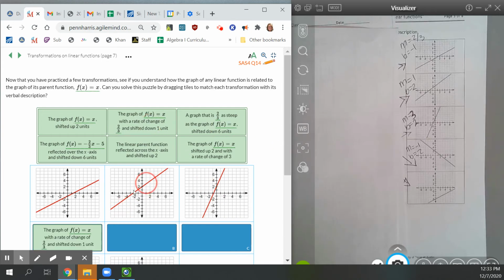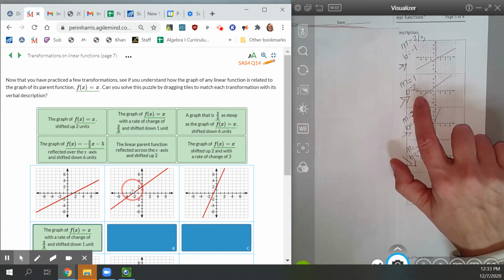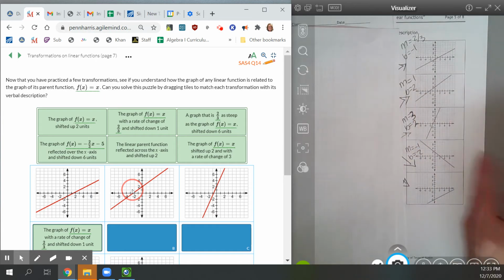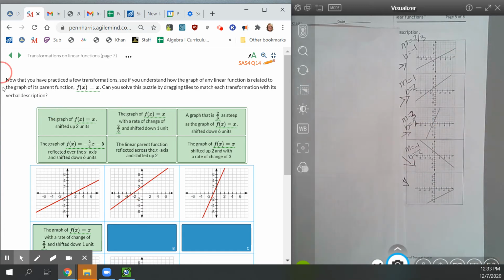Okay, my second graph, which matches this one, I made note that the y-intercept on it is 2, meaning it was shifted up 2 units. And my slope is 1/1. So nothing changed with my parent function except they shifted it up 2 units. Well, right here, graph of f of x, the slope is 1, shifted up 2 units.